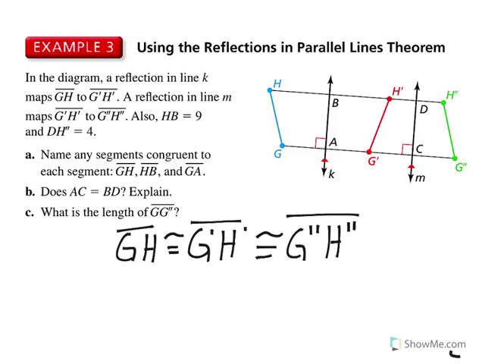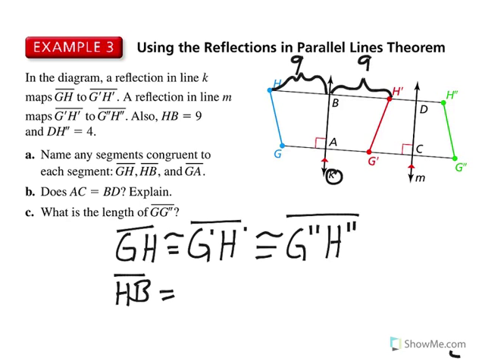And the second one of HB. If HB is then reflected right here, this section of HB, it actually tells us that it's 9. If H is directly reflected across that line of K, then it's going to be the same exact distance away from it on the other side. So this one would also be 9.